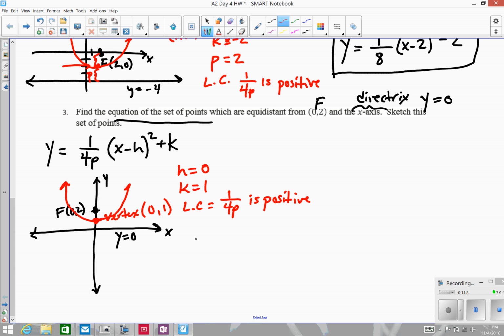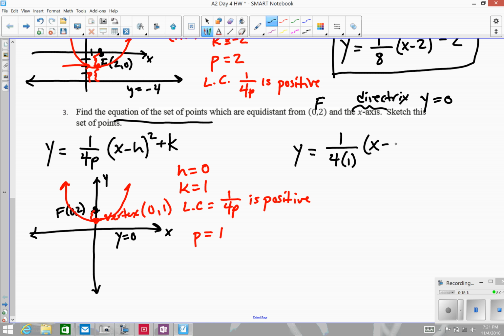All I need now is that value of p, the distance from focus to vertex. That's a distance of 1 unit, so now I've got everything I need to write my equation. Y equals 1 over 4 times my p-value 1. Make sure this is a positive leading coefficient.